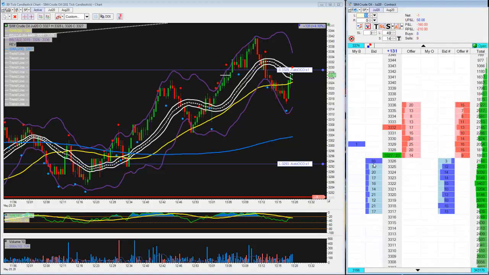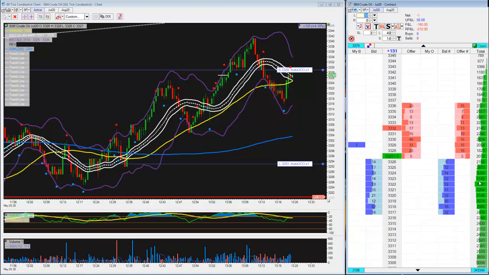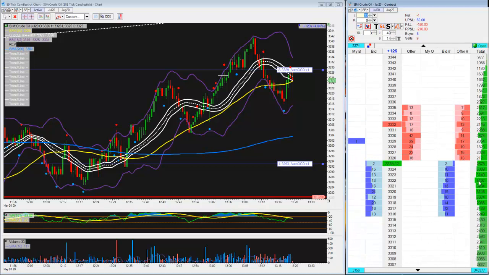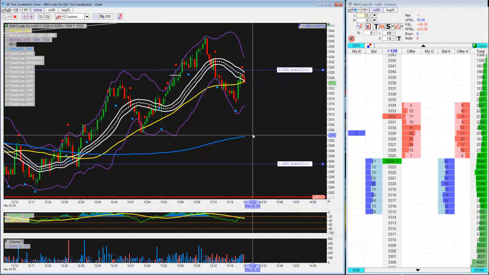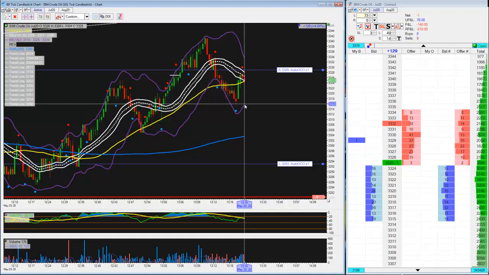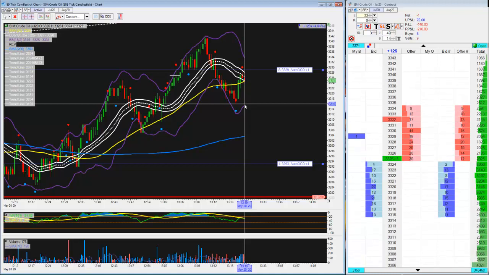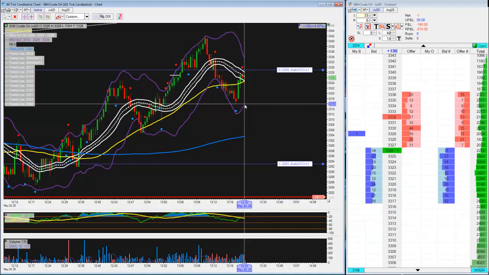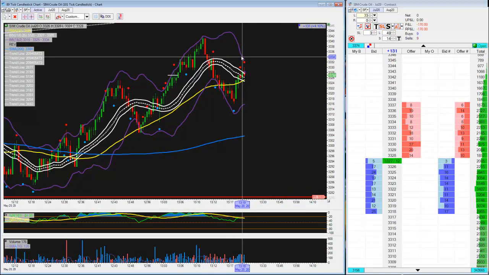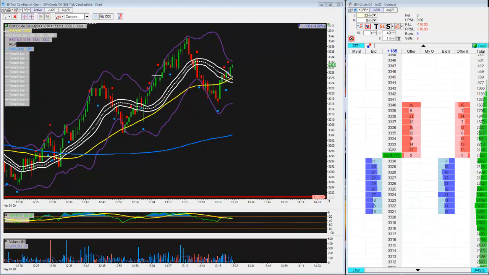Big number there. Just didn't want to go. Pause. Market going back to 33.33 it looks like again.